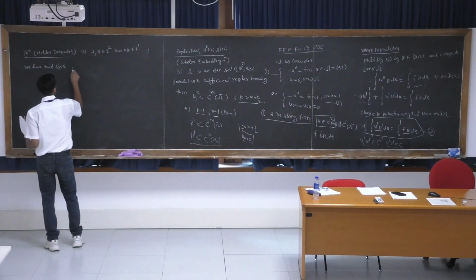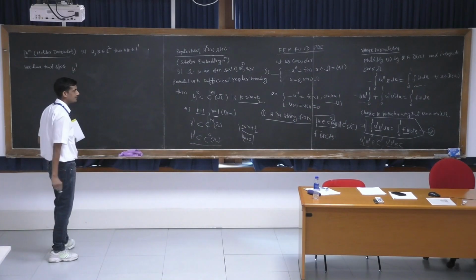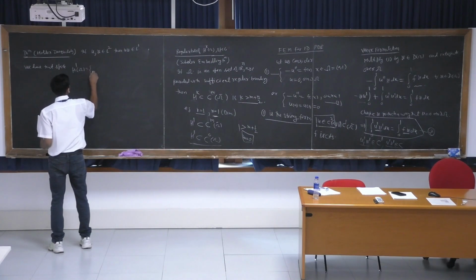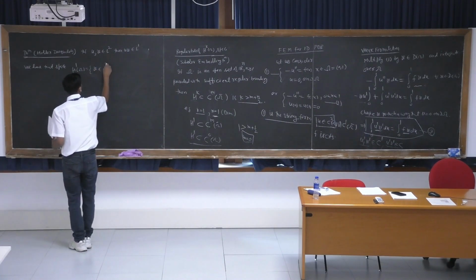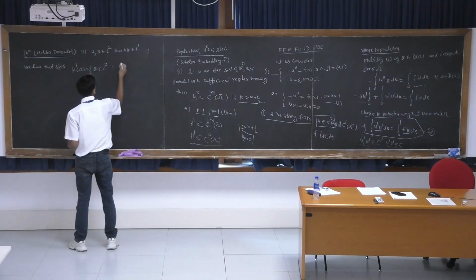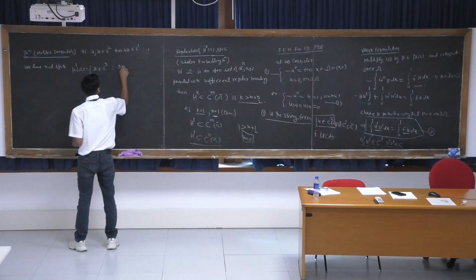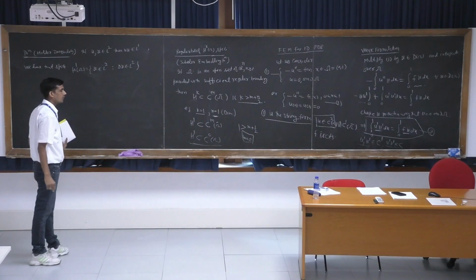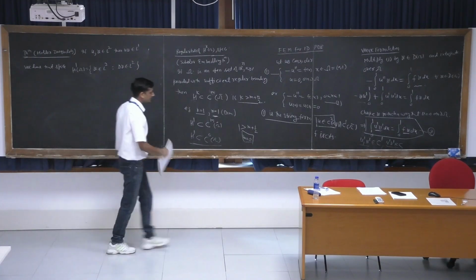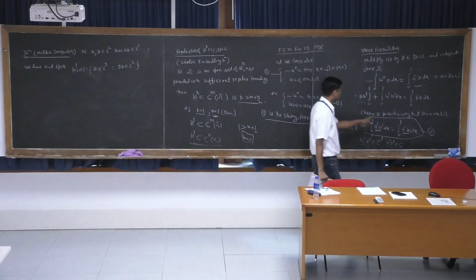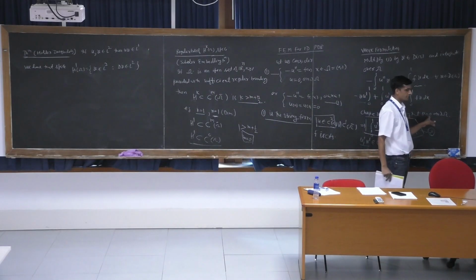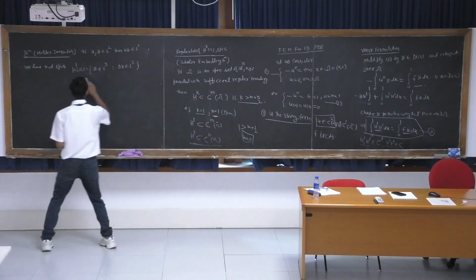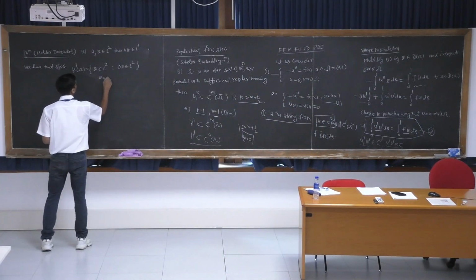H1 is that space, on some domain, in which functions are in L2 and their first derivative also belongs to L2. But we have imposed one more condition on v, that v is equal to 0 on the boundary.